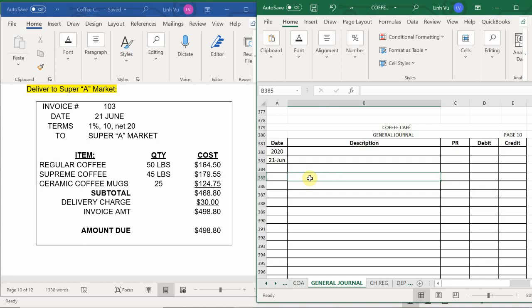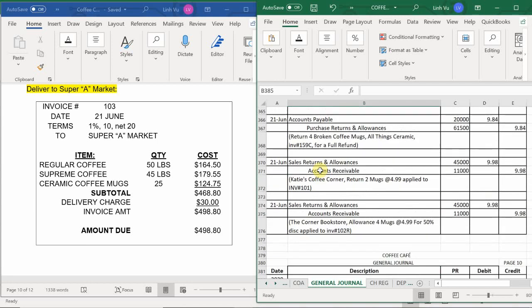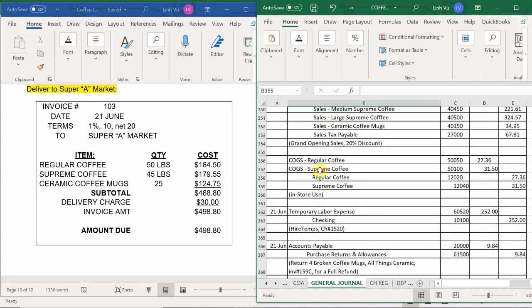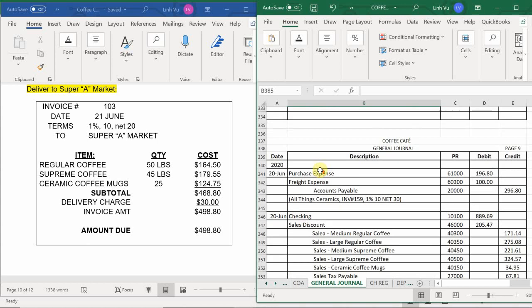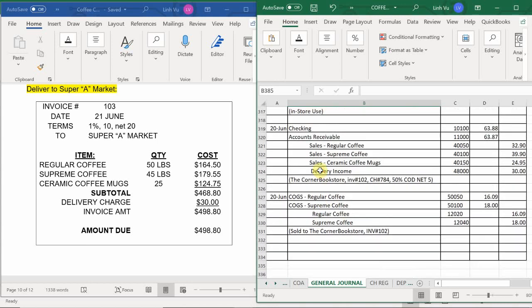So we have sales, right? This is sales. This is sales. Good. We have accounts receivable here, and then offers. We can use that shortcut. Instead of checking, we use accounts receivable.